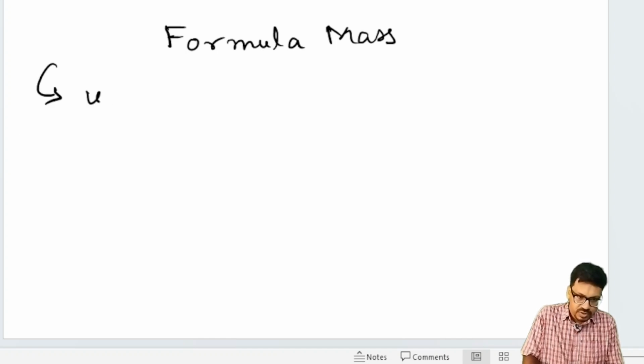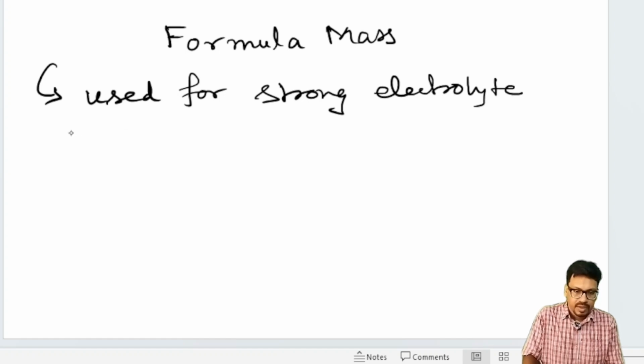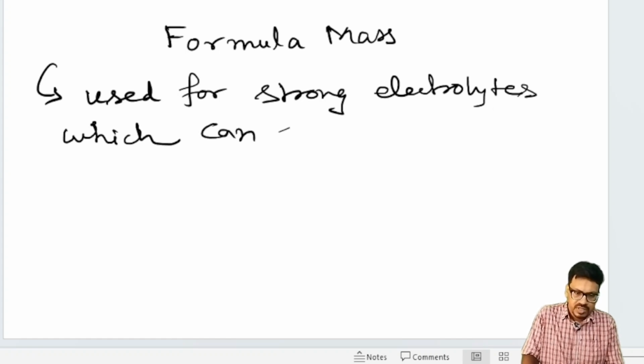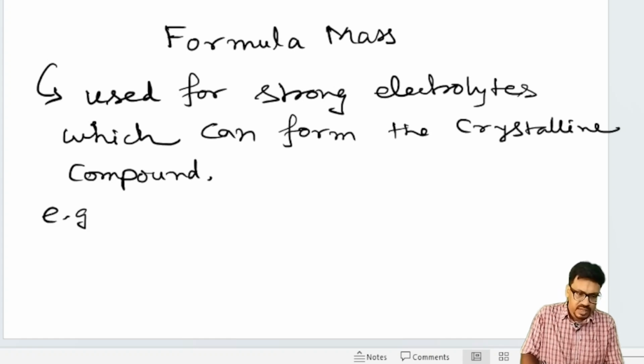This is used for strong electrolyte, which can form the crystalline compound. Okay? Clear? Say, for example, that is NaCl.